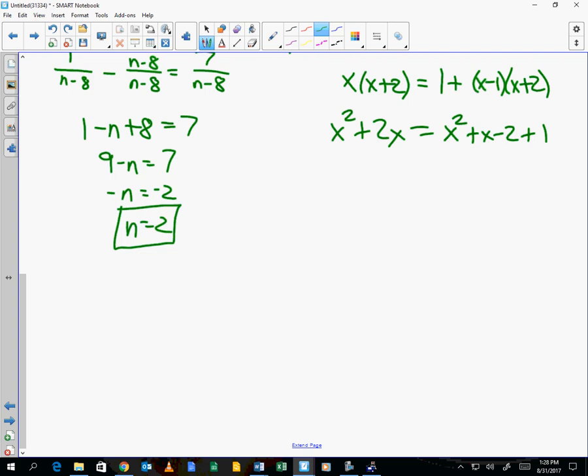Get everything on one side. So I'll subtract the x squareds, and what do you notice? They cancel. Subtract the x, we get x is equal to whatever negative 2 plus 1 is, which is negative 1. Is negative 1 a value that's okay to come up with? It is. If it's not, we call it extraneous.